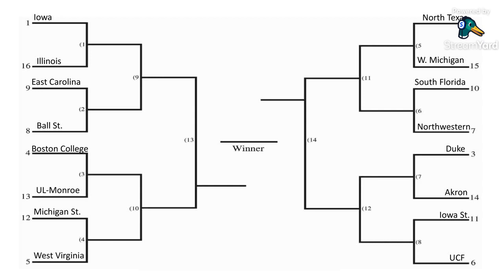And then the second round will be at the Rose, Sugar, Cotton, and Orange. Fiesta and Peach will be the semifinals, with the championship being in Los Angeles. So there you have that.